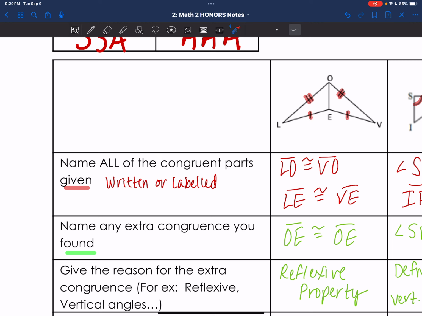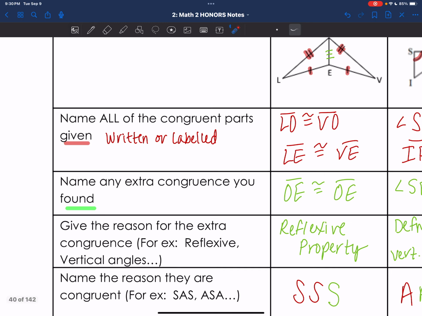All right, so now, is there any other information we can gather from this? Like I showed you before, it's not listed, but we know that OE is congruent to itself. So this is information we found. Because we have this triangle and we have this triangle, we know segment OE is going to be congruent to itself.